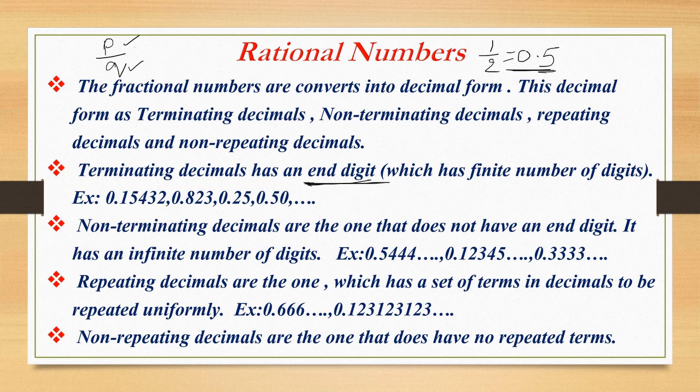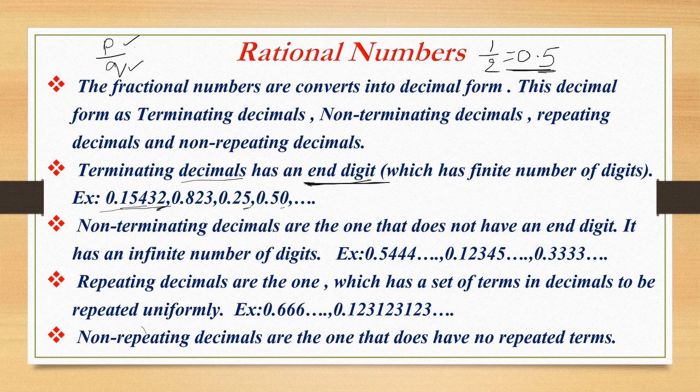For example, 0.15432, there is an end digit, that is 2. And 0.83823, here also the end digit 3 is there. And 0.25, here also the end digit 5 is there. 0.50, here the end digit 0 is there. These types of decimal forms are called terminating decimals.